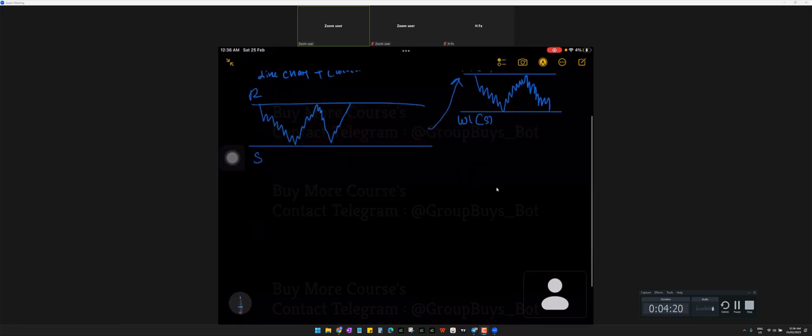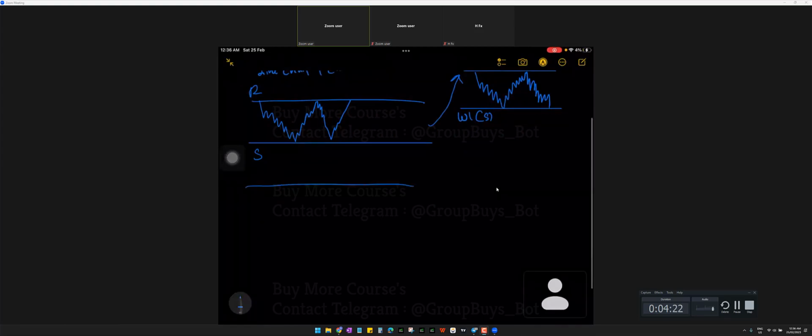But I draw first, and we need to find the breakout in the higher time frame, for example, breakout of support. So where does the trend want to go, at the breakout of support or resistance?